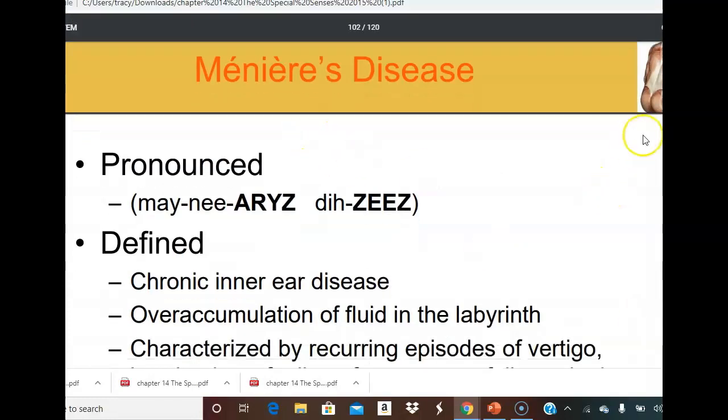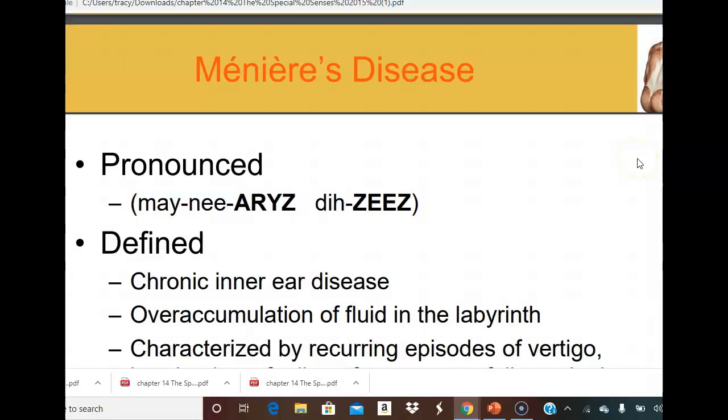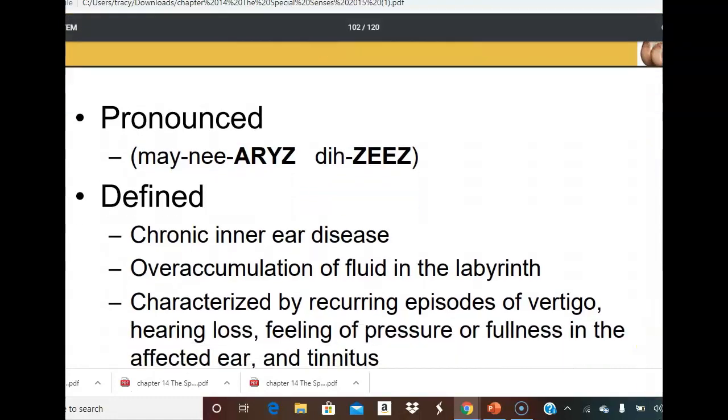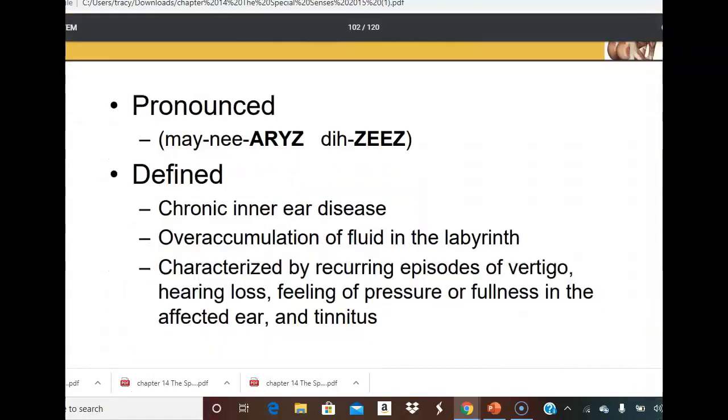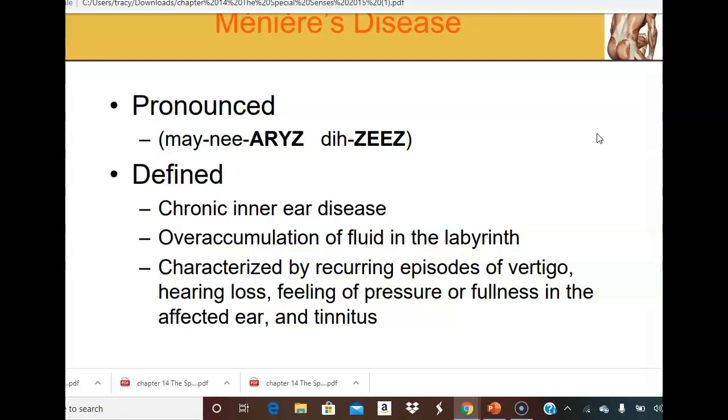Meniere's disease is a really unfortunate combination. When people have Meniere's disease, there's three or four different symptoms that can be associated, but each person can have a different amount or different degree of severity with this. It's an inflammation or infection of the inner ear. And generally we have an accumulation of fluid either in the labyrinth or even in the cochlea.